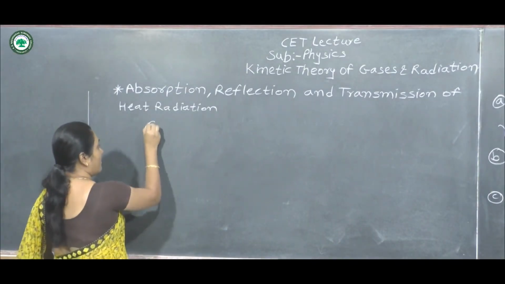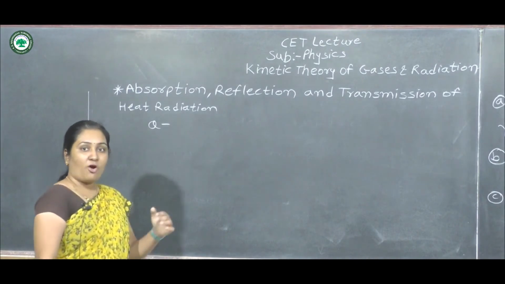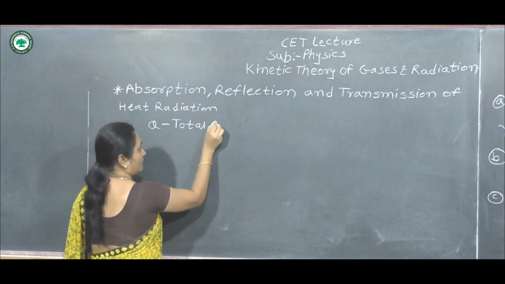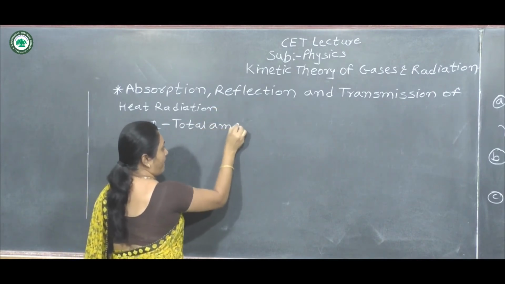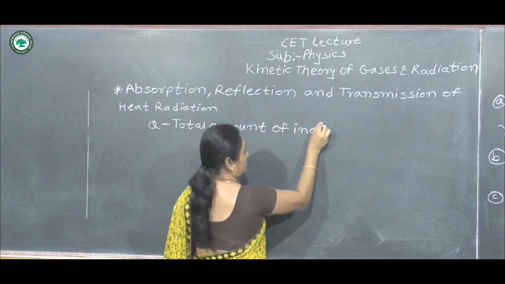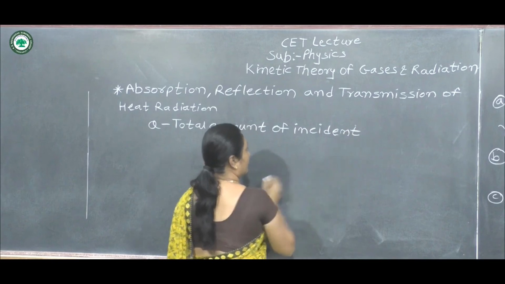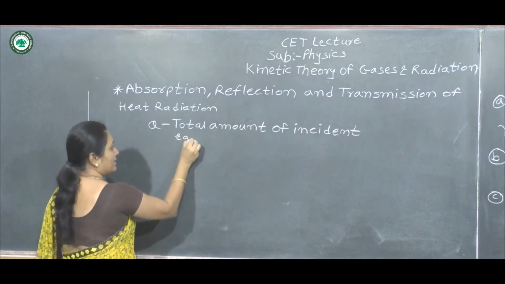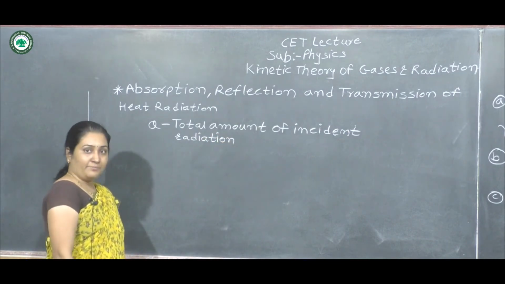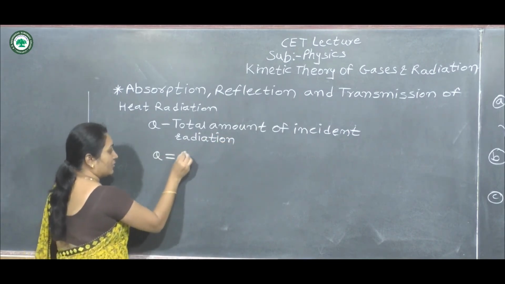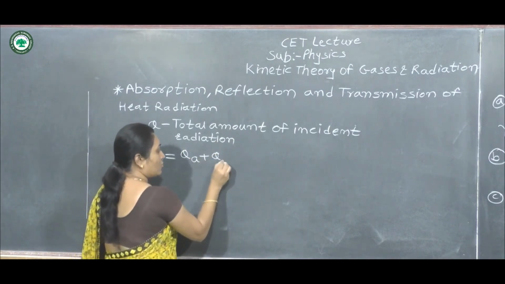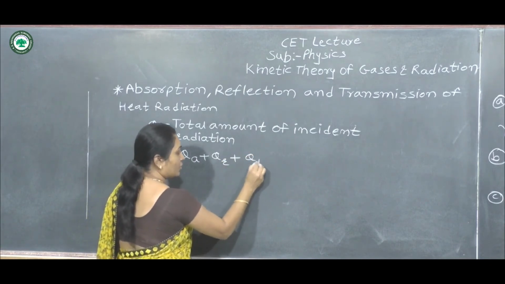So here we can say that if Q is the total amount of incident radiation, then Q is equal to QA plus QR plus QT.